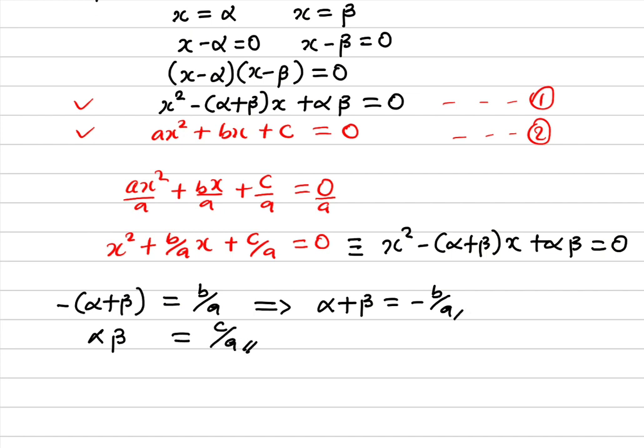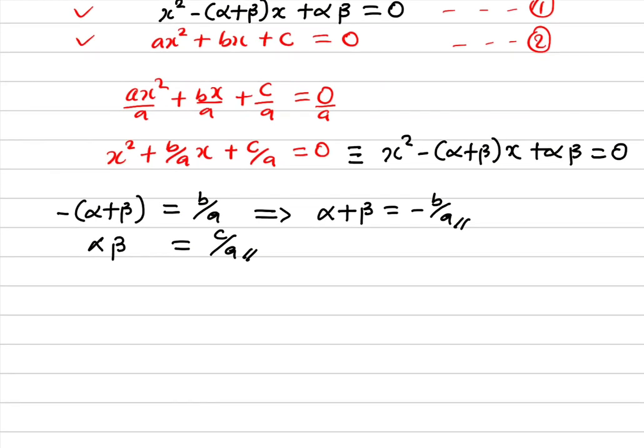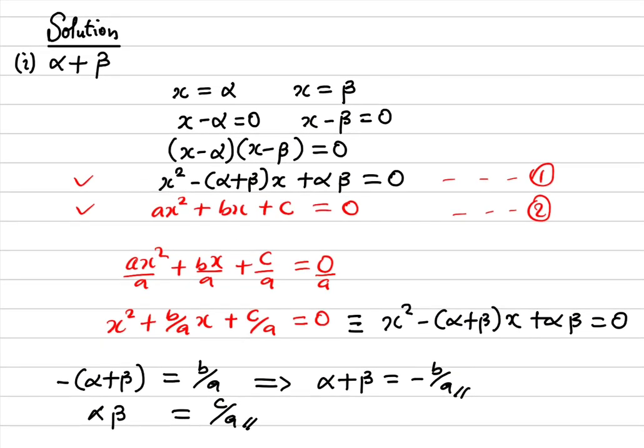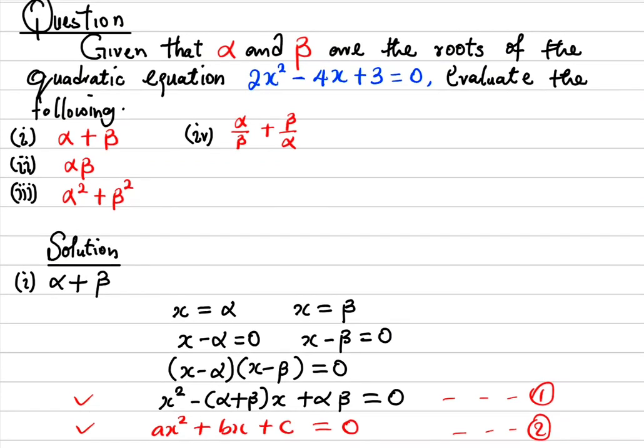You see these two? Very important for our solution here. So, like I said, alpha plus beta equals minus b over a, then alpha beta equals c over a. Take note of this because we are going to be using it very well in all our work under the symmetric properties of roots.